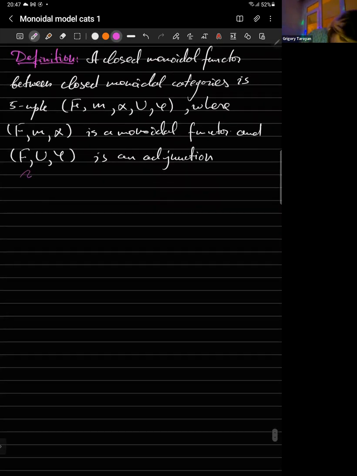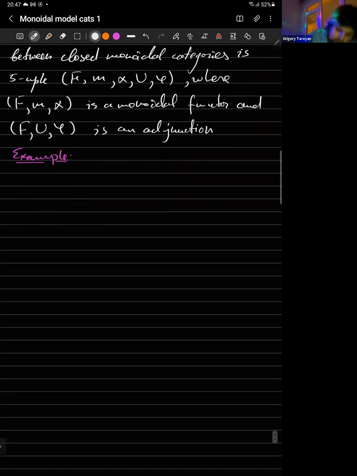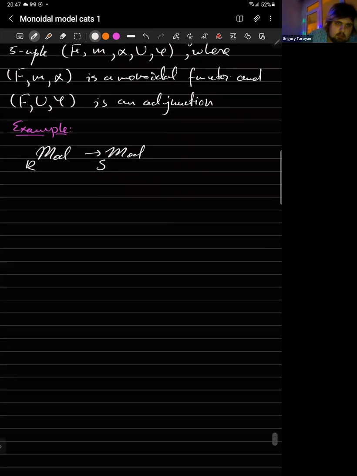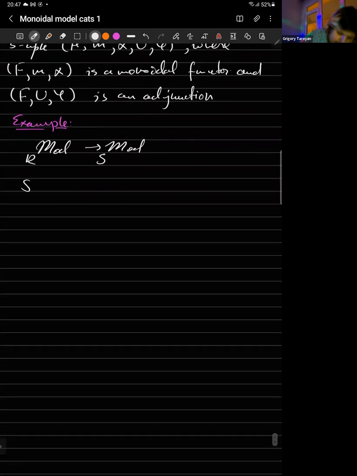Let me give you an example. So if we consider a functor between two categories of modules, that looks like this. So we have a homomorphism from R to S. So that's just an induction.